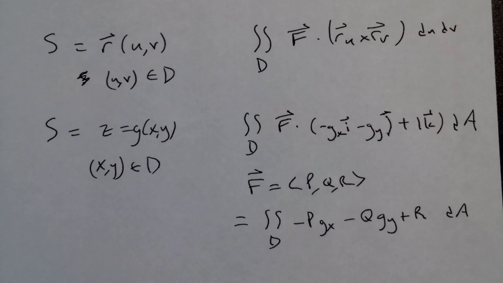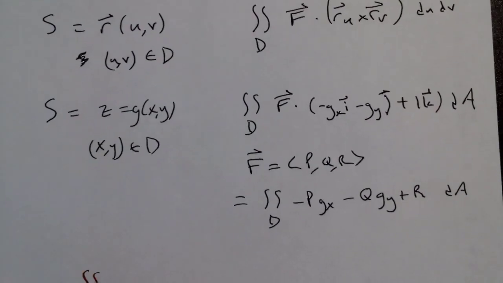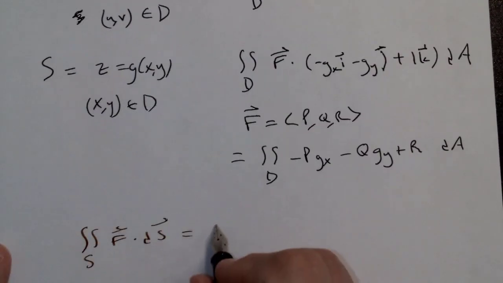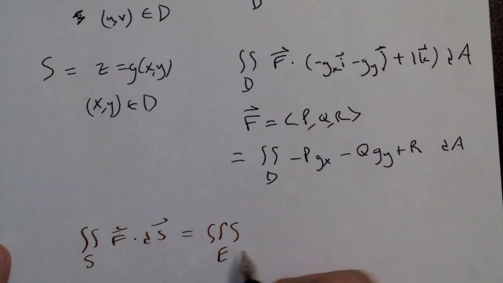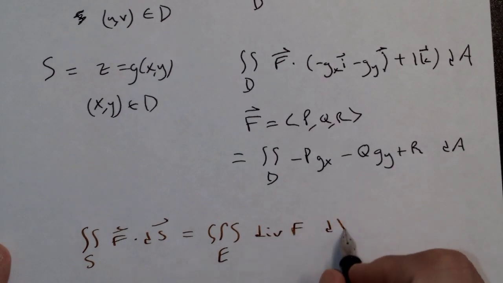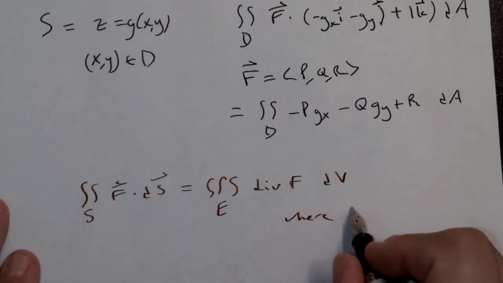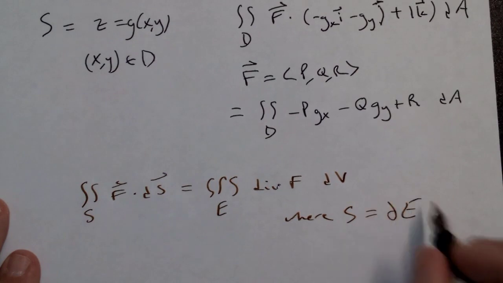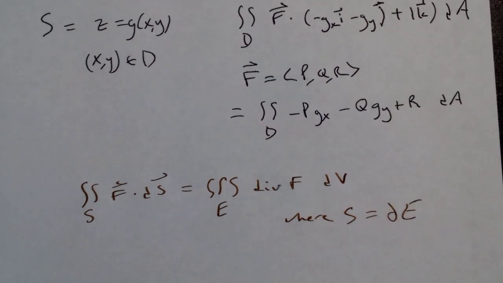On question 4 in the final exam review, it says use the divergence theorem to find the flux. Right, because the divergence theorem says that if S is a closed surface, then the double integral on S of F dot dS is equal to the triple integral over E of the divergence of F dV, where that surface is the boundary surface.